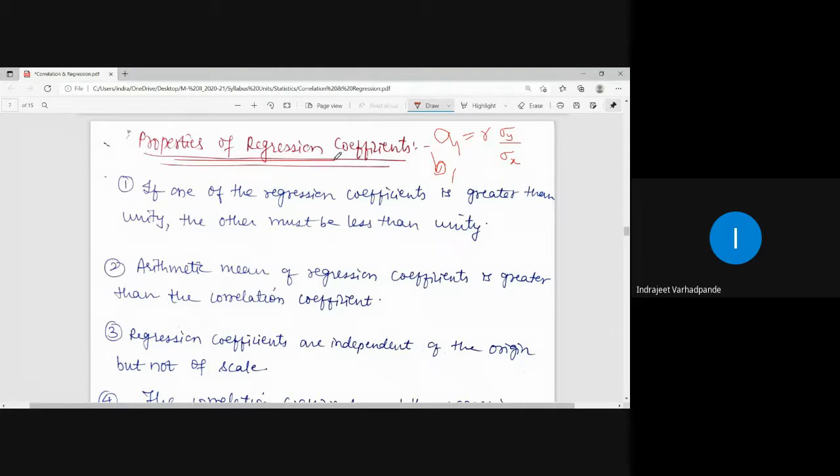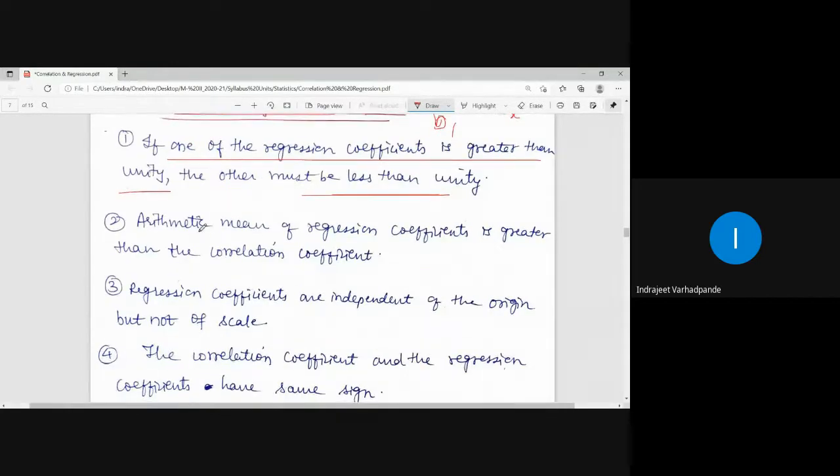So what are the properties of regression coefficients? Always remember, if one of the regression coefficients is greater than unity, the other must be less than unity. Means if the value of A1 or B1 is greater than 1, the other should be less than 1.